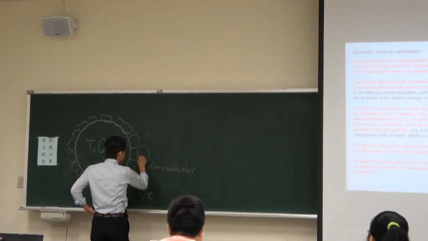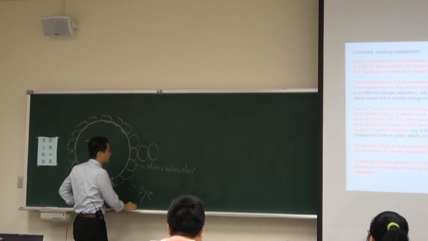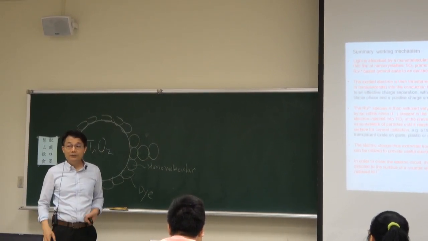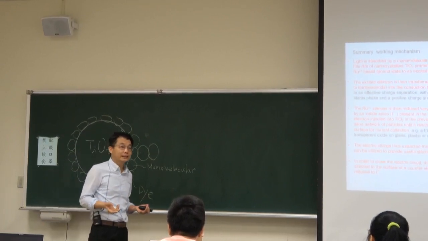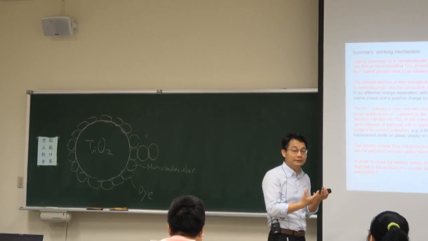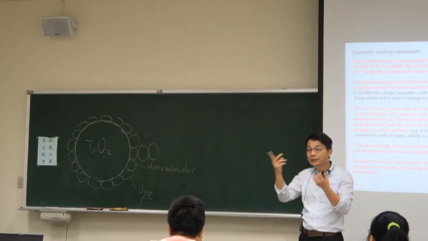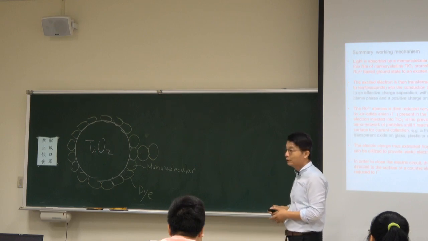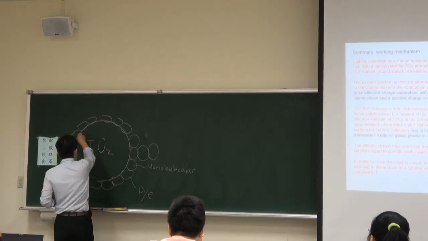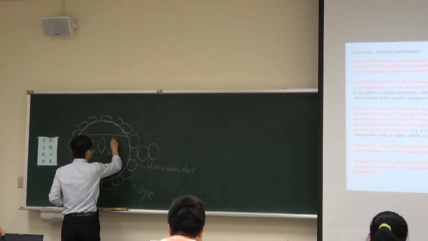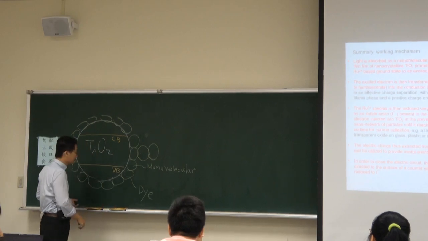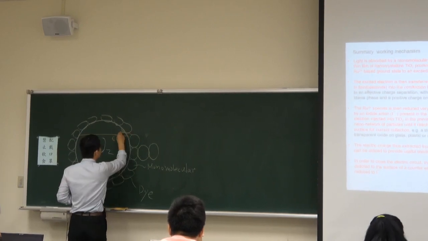What about multi-molecular? Can we have multi-molecular if we absorb more dye, which means the dye can absorb more light and send more electrons to the TiO2? Why not? Why do we need a monomolecular layer? This is CB and this is VB, and here the electron is sent.